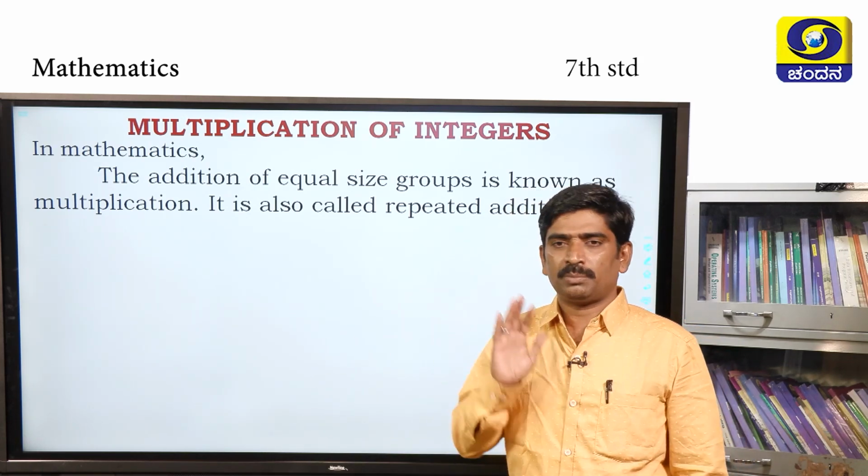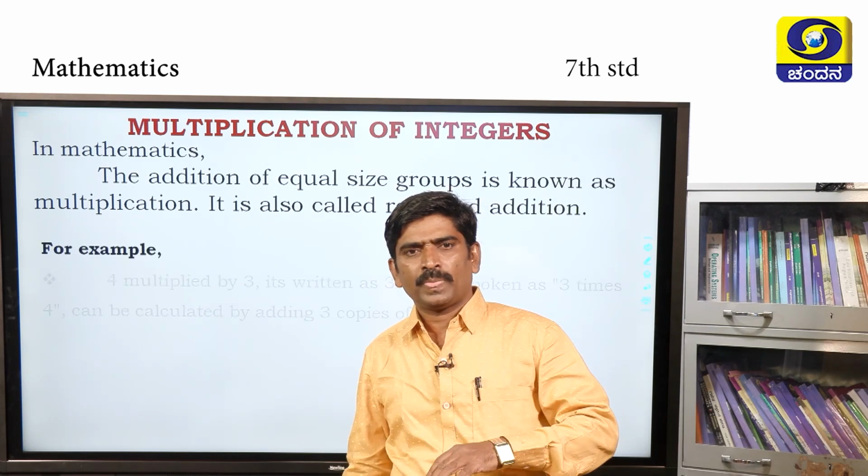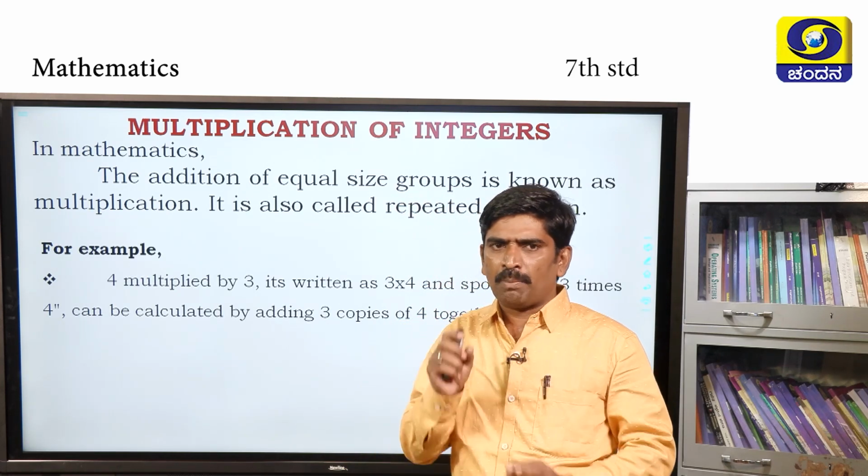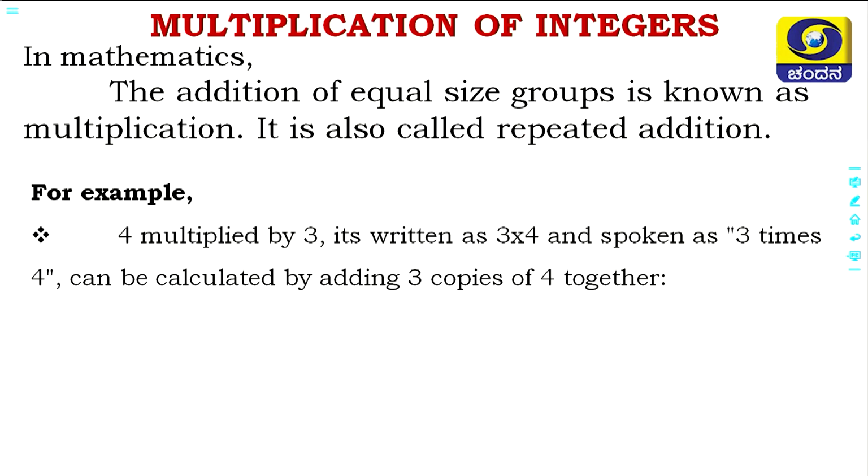One example, 4 multiplied by 3, is written as 3 into 4 and spoken as 3 times 4. 3 times 4 can be calculated by adding 3 copies of 4 together. 3 into 4 is equal to 4 plus 4 plus 4, 3 times, which is 12.